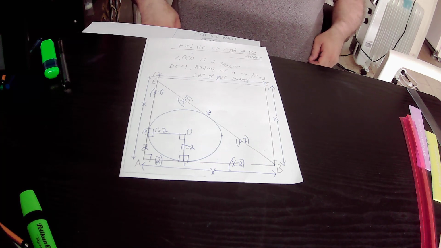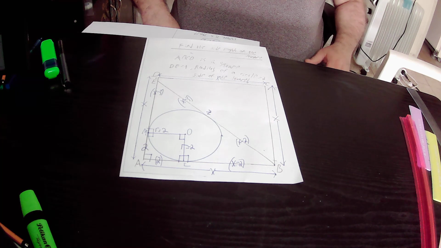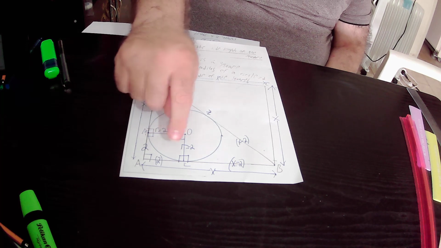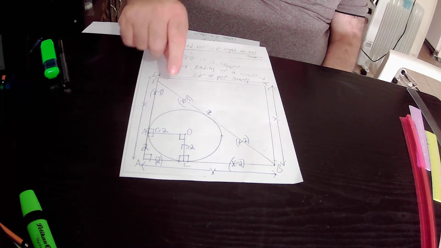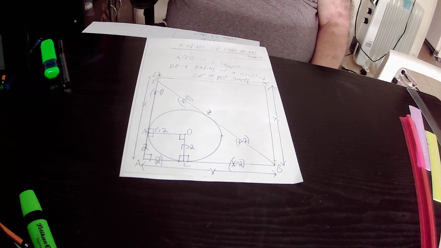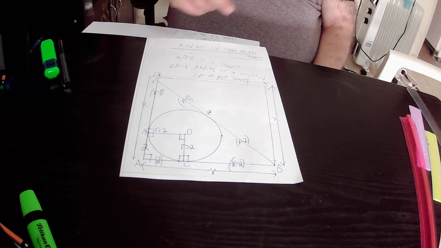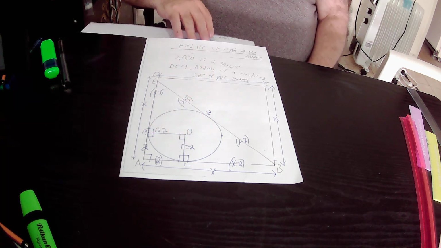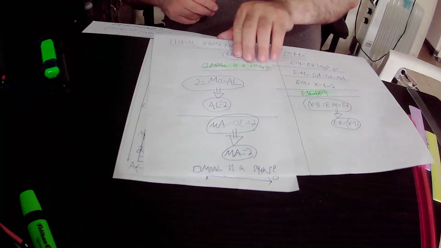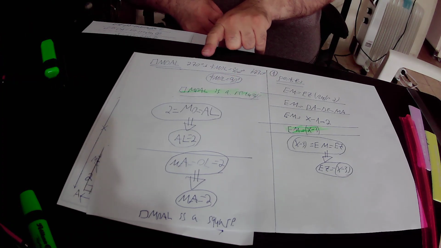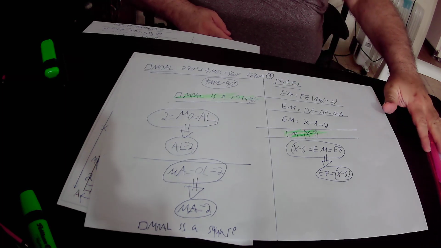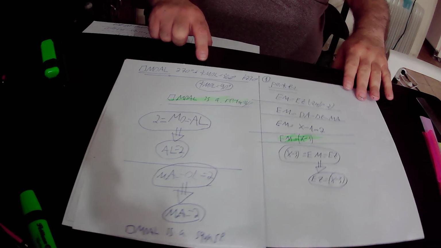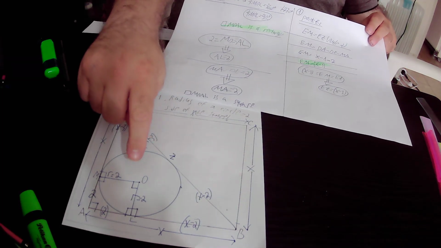Okay, and we know that all the angles inside a square are right angles. Therefore, angle DAB equals 90 degrees in square ABCD. So in quadrilateral MOAL we have 3 right angles. The sum of 3 right angles is 90 degrees times 3, which is 270 degrees, plus the size of the fourth angle, angle MON.